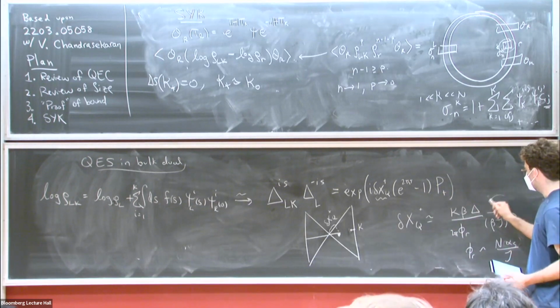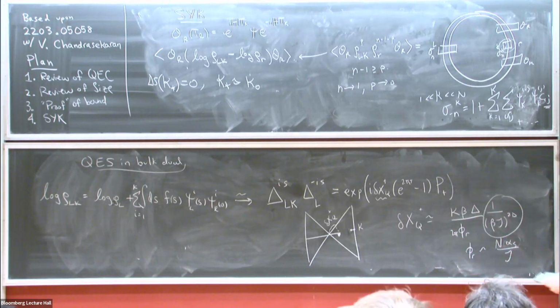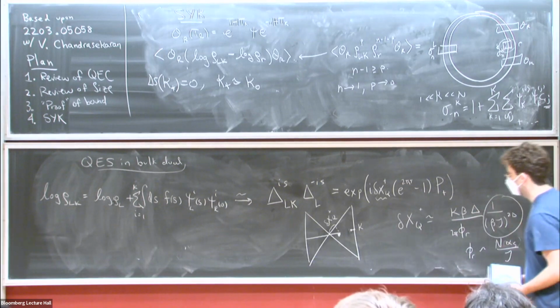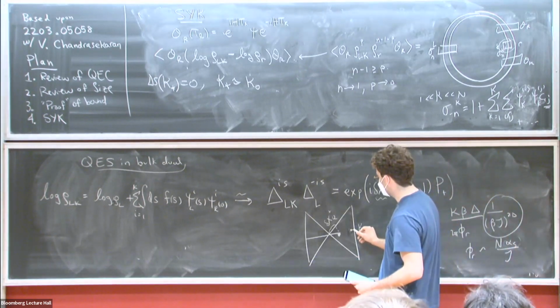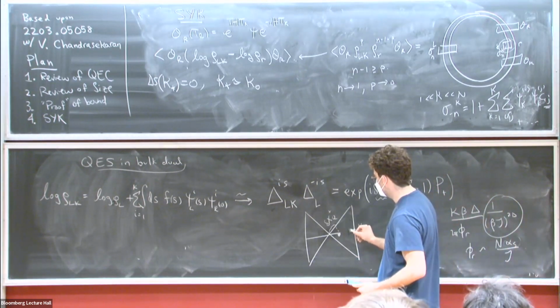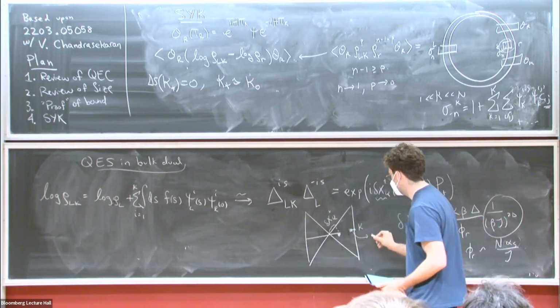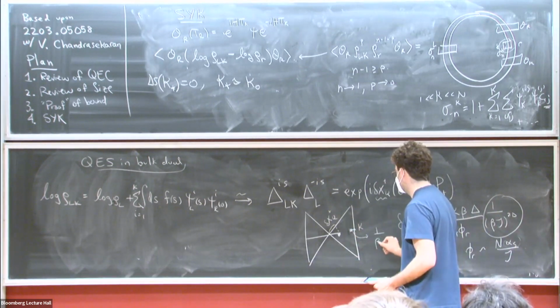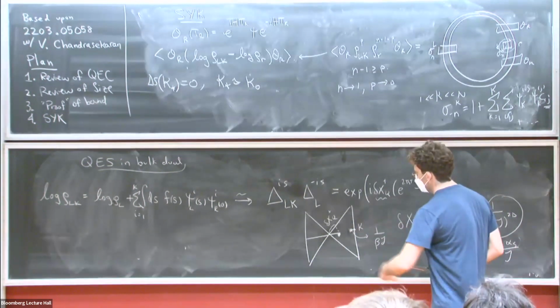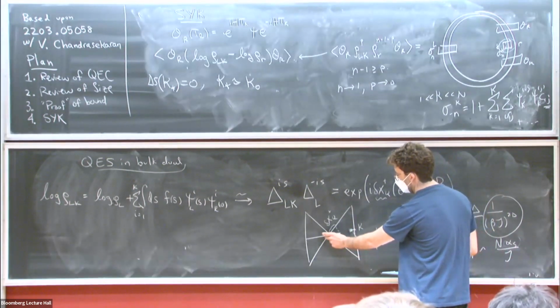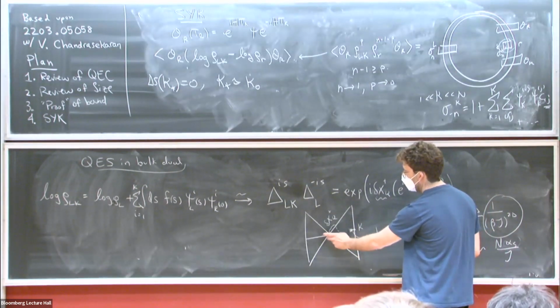And the part that's interesting is that this matches, at least parametrically, the picture where there's a little region near the boundary whose distance from the boundary in, say, Poincare coordinates is order 1 over beta J. And you're computing the change in the quantum extremal surface due to including this small region.